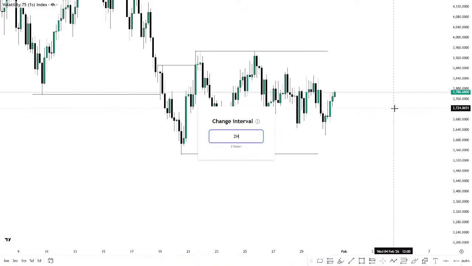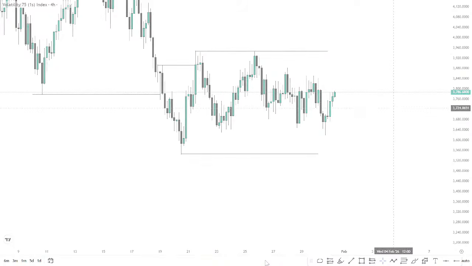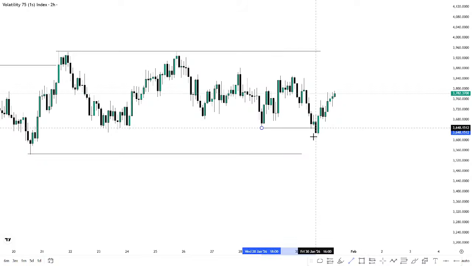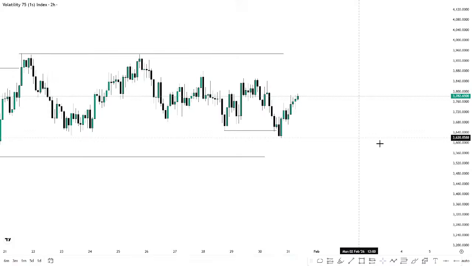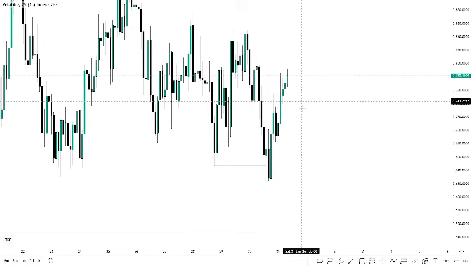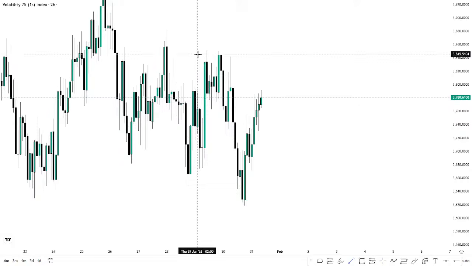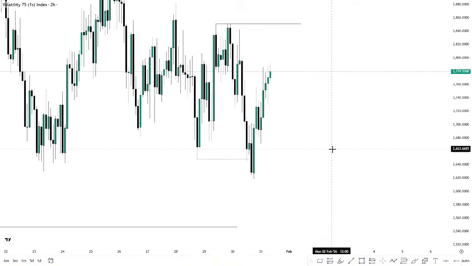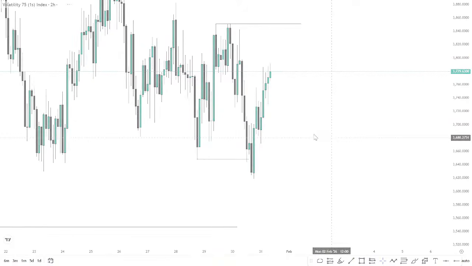So 2 hours time frame. Then we mark out our last break of structure. This was the last break of structure. Internally, please take notes, internally I'm not expecting market to come back and take this high yet. So 30 minutes.